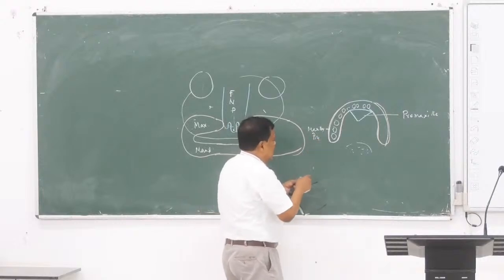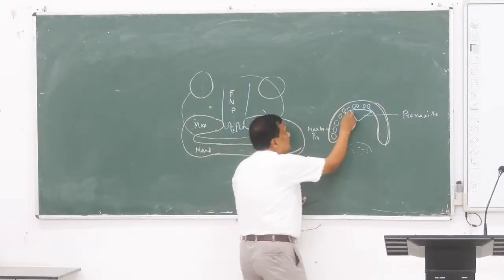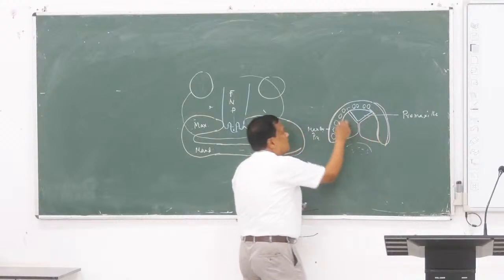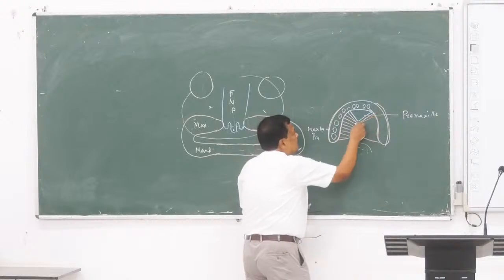From here it gives laterally two plates. These two lateral plates go towards the midline from the right and left side.